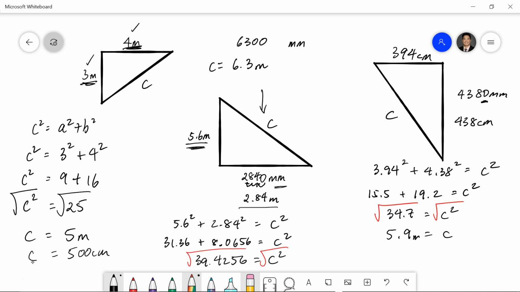And in this case, it's in meters. If we're going to convert that to centimeters, then what we'll have is 589 centimeters to be that size.